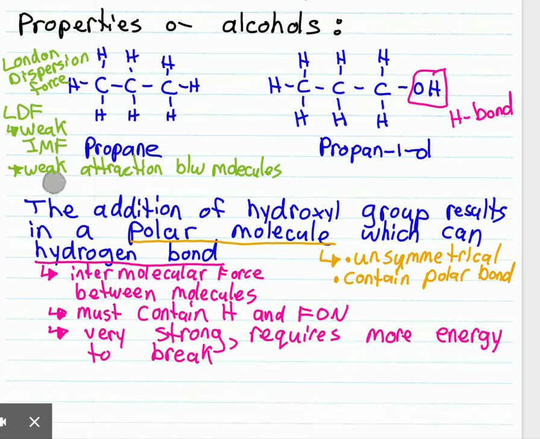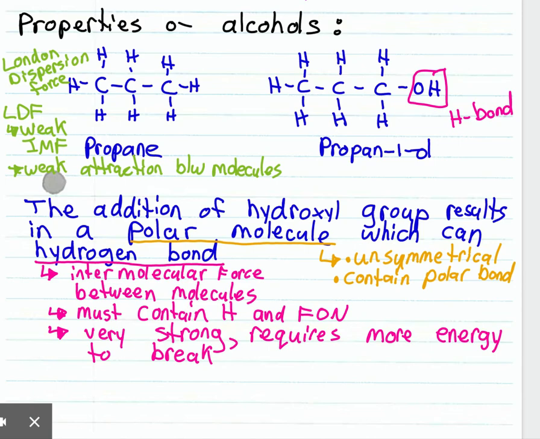Okay. Now, just remember, though, that this propane still has some intermolecular forces. It's capable of the London dispersion force, that really weak intermolecular force. So there's weak attractions between molecules, which is why propane is basically a gas that you put in a cylinder, in a tank to barbecue. Okay.